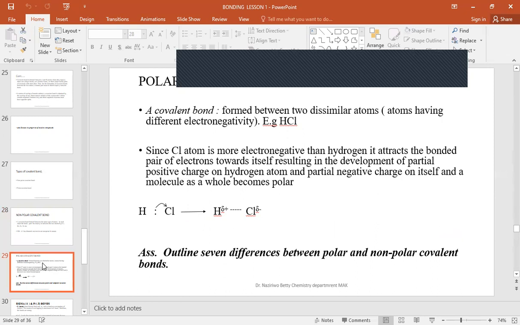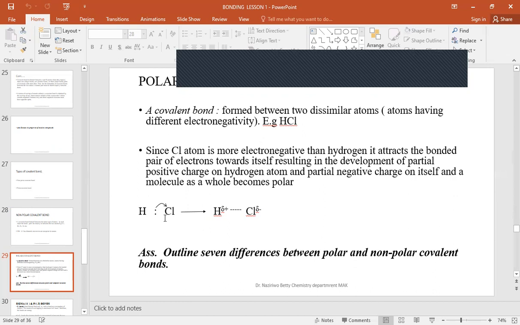A polar covalent bond. This is the bond formed between two dissimilar atoms. The atoms have to be different, with different electronegativity. An example is hydrogen chloride. Since chlorine is more electronegative than hydrogen, it will attract the bonding electrons towards itself.